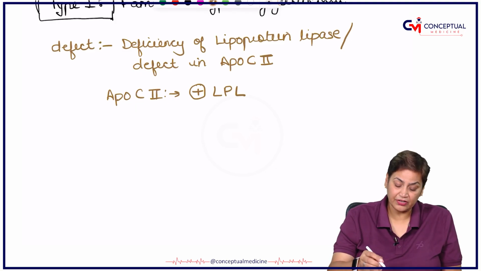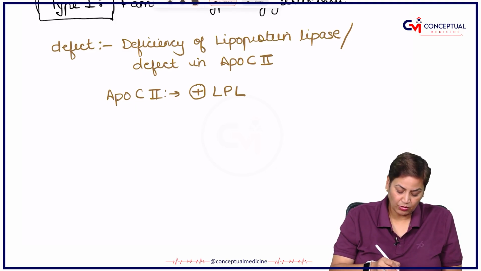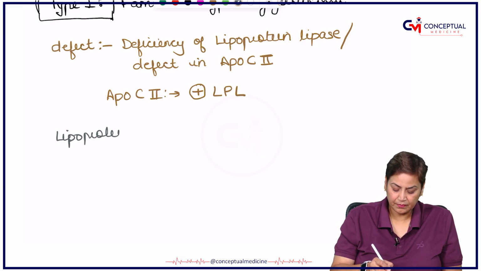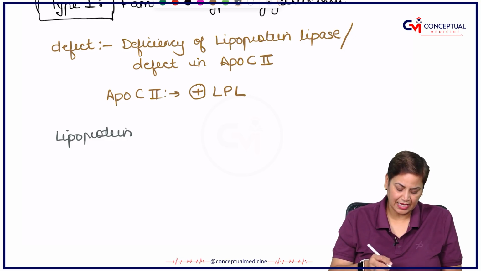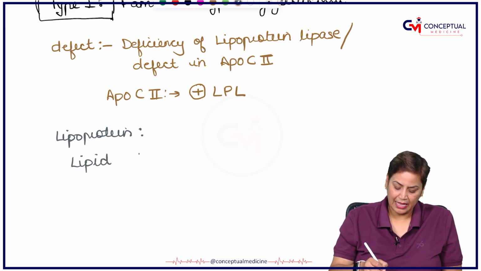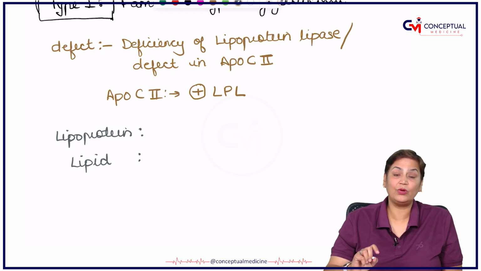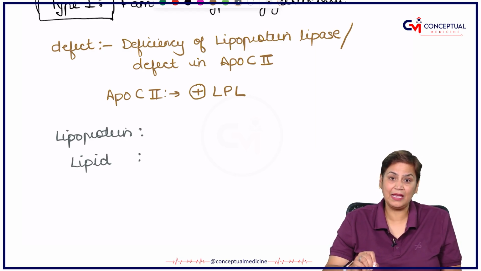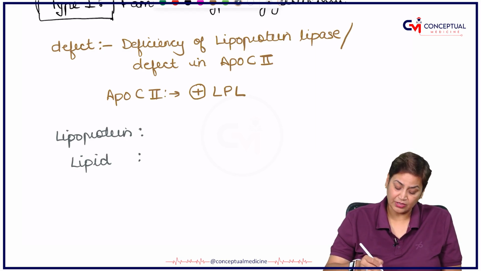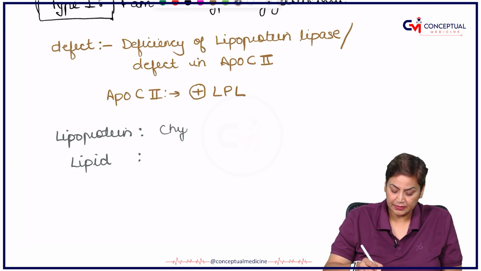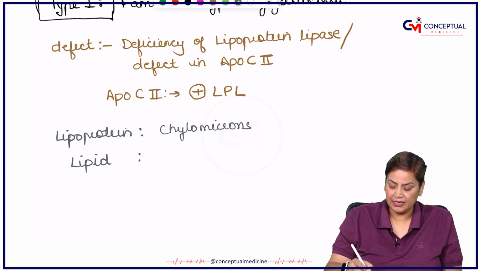So what are the lipoproteins which will increase? Lipoproteins elevated, because those two things can be increased, lipoproteins or the lipid. If we talk about lipoproteins, Apo C-II is an activator of LPL, which is required for the transport of chylomicrons and VLDL.